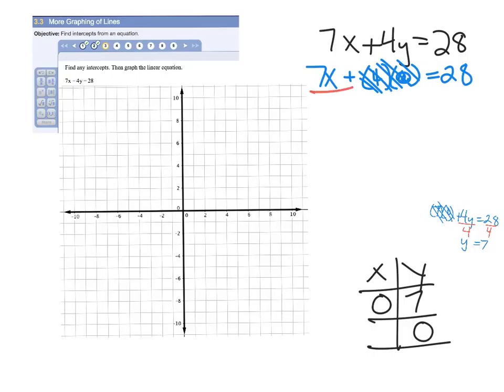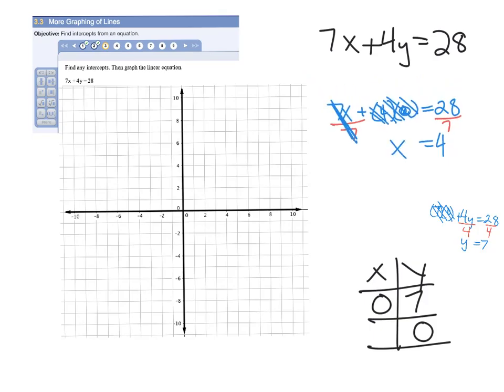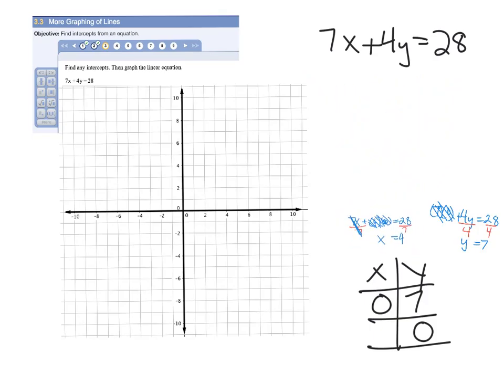I'm going to skip a step and not rewrite it. We end up with x, because this is 1x, so x is equal to 4. So when y is 0, x is 4. And so there is our completed table.